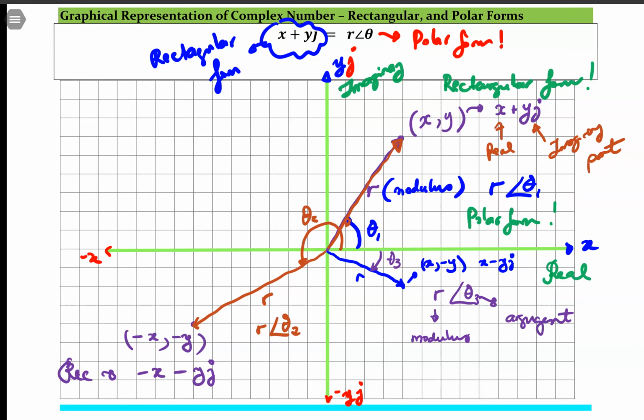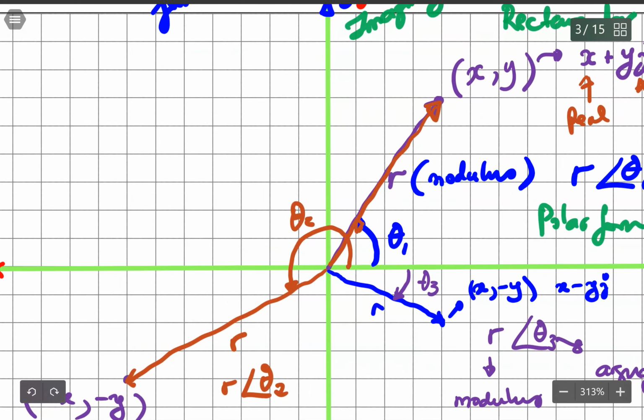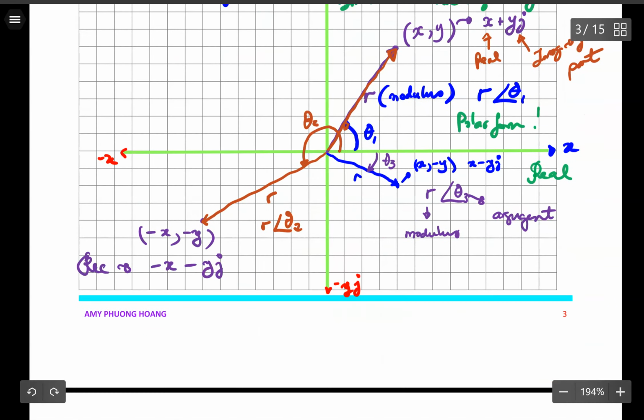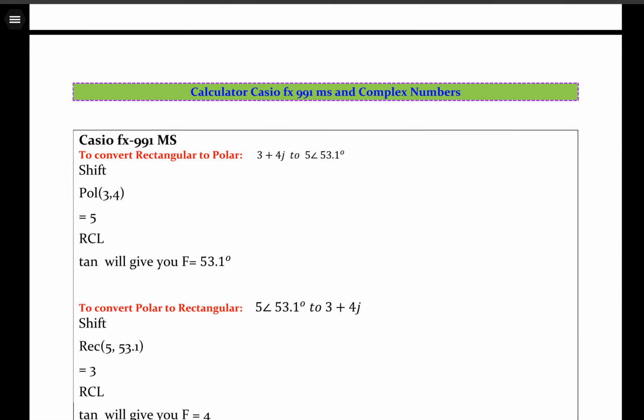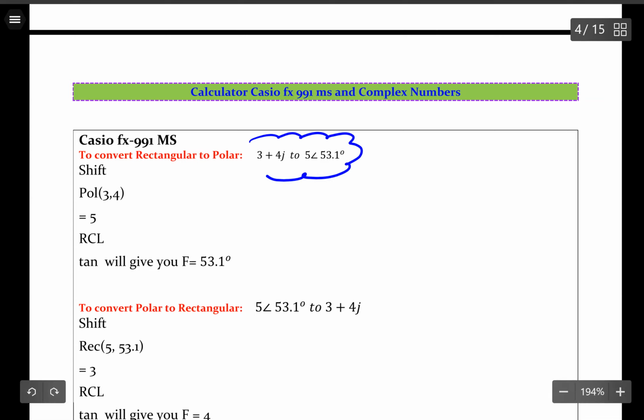However, it's complicated, so I think we should use the calculator to help us. Let's say I have 3 and 4. Let me quickly draw the graph for everyone to visualize it.